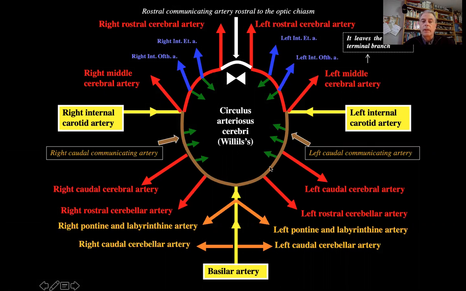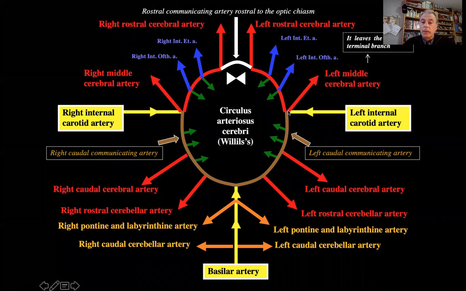Once these three arteries enter the cranial cavity, they form what is named the Circulus Arteriosus Cerebri, or Willis polygon. From this circle, arteries branch off and vascularize the different parts of the encephalon.